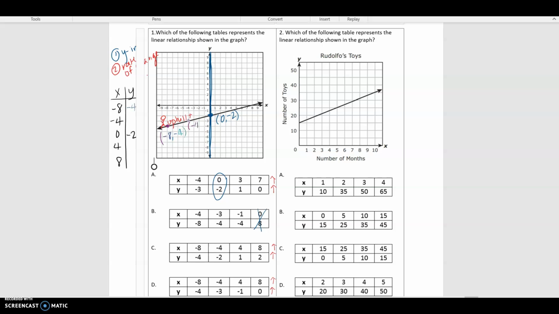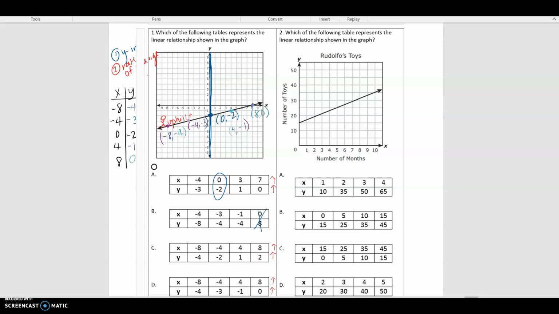So -4, -3. I already have my 0, -2. Now I'm going to go to the right to 4. It goes down to 1. Actually, 4, -1. And then I'm going over to 8. And looky there, 8 and 0.